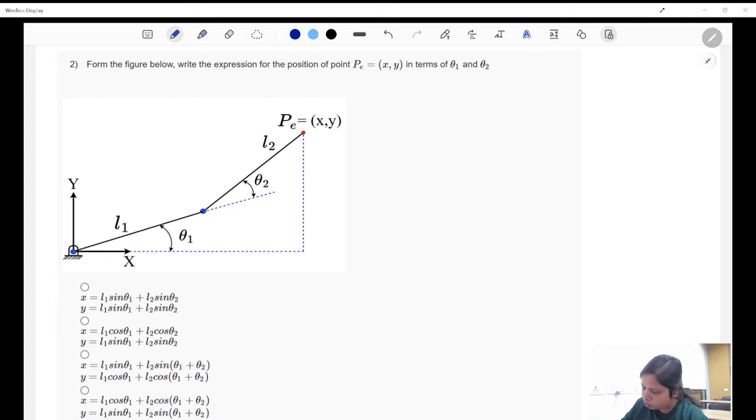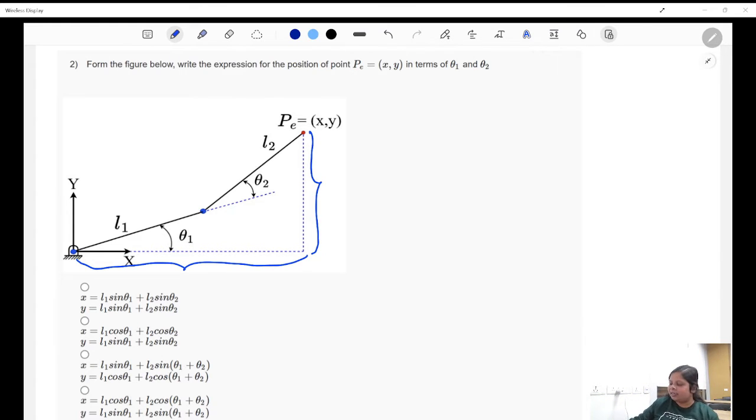But let's see, we want to find out what is x and what is y. That means from here it is definite that we somehow want this length and we want this length. This is for sure. And you can get both these lengths by just doing a simple projection, cos and sine projection. So how will we do it?